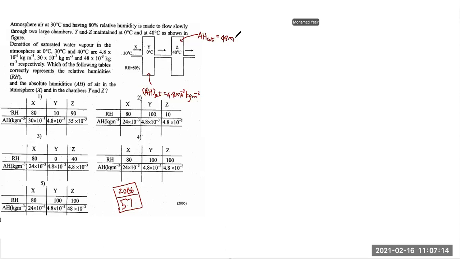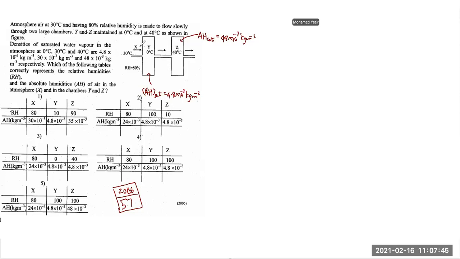That means, in other words, this chamber Y can have a maximum of 4.8 into 10 to the power minus 3 kilograms, or 4.8 grams in 1 meter cube. That's all. In 1 meter cube, it can have only 4.8 grams. It can't have more than that because the temperature is very low. But at 40 degrees Celsius, this chamber can contain 48 grams of water vapor in 1 meter cube.